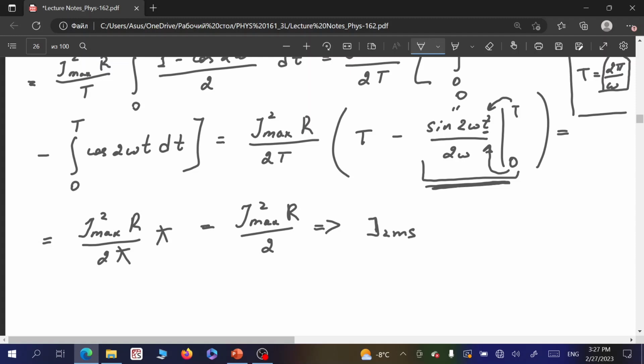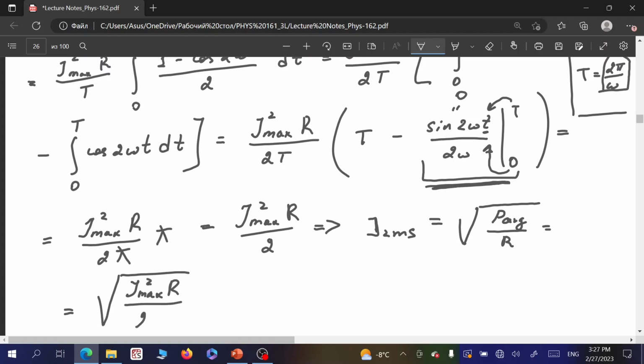As you remember, it was the square root of P average divided by R. That will be equal to the square root of I maximum second power times R divided by 2 times R. R and R we cancel out.